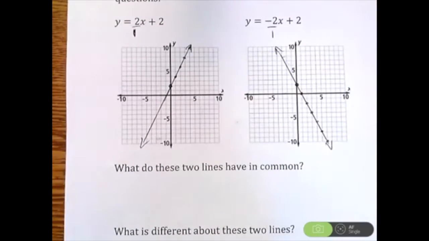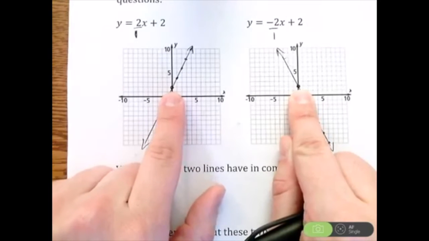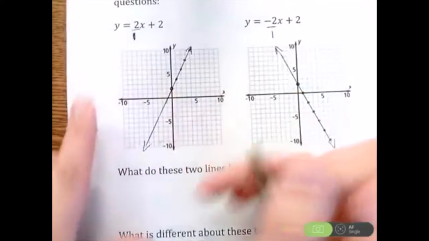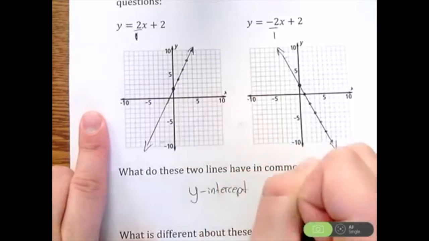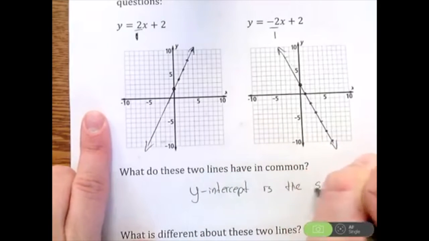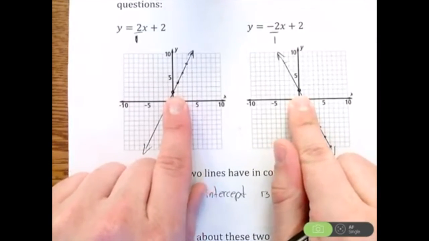Okay, so we need to talk about what was in common. In those two processes, we should have noticed things that were in common. Notice where we started. We both started at the same spot on the y-axis, so their y-intercept is the same. Where I cross the y-axis is the exact same.